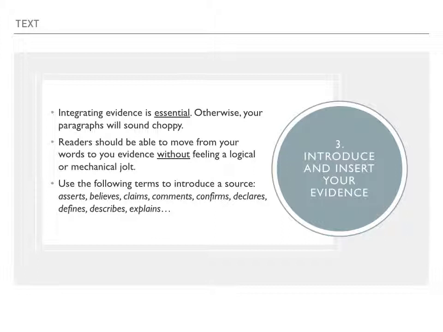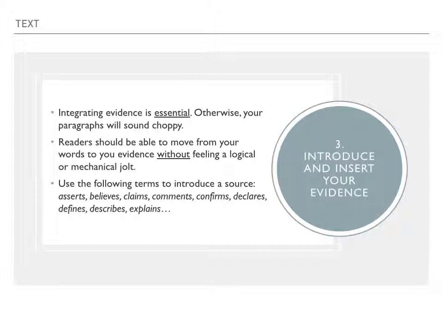I've been writing in my own voice as the writer, and now I have to integrate another voice, the voice of the evidence, into my paragraph, but I have to integrate it so it flows well. Otherwise, it'll be choppy and not read well. So readers should be able to move from your words to your evidence without feeling any logical or mechanical jolt. The evidence should flow very nicely in that paragraph.